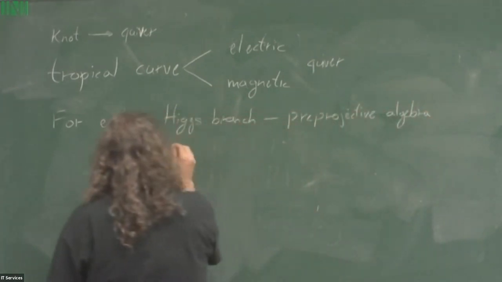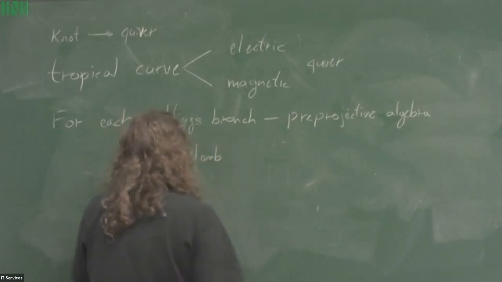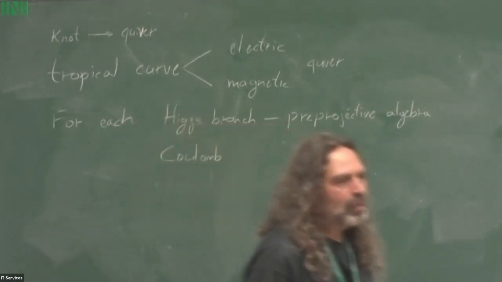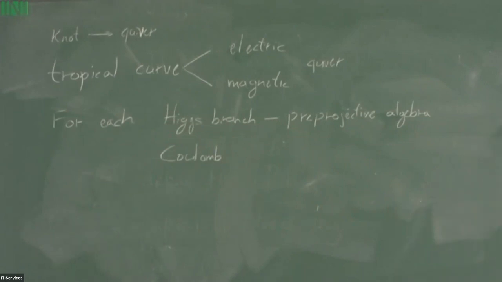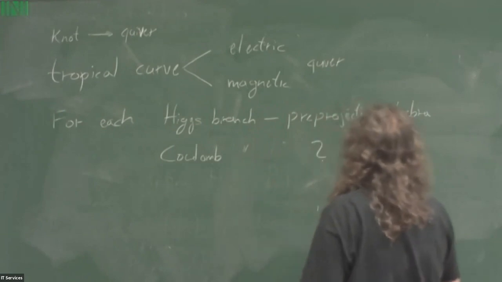Or alternatively, the more challenging point, which I keep on repeating in my lecture: there's also a Coulomb branch, and it's a real challenge to try and construct some related cluster algebra object. So Coulomb branch, and here there is a question.